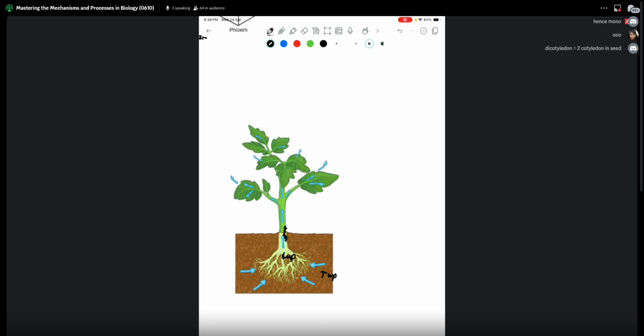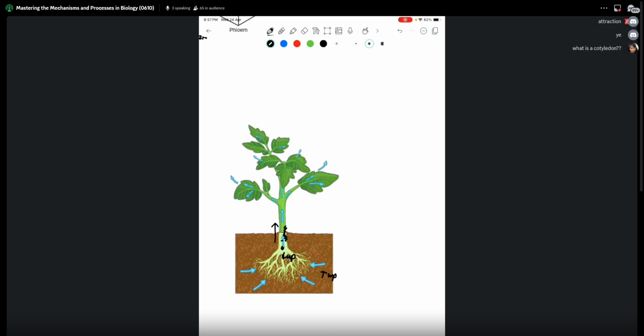Cohesion means the attraction between the molecules themselves. So the water will move upwards to the rest of the leaf and all those. It's known as the transpiration pull.